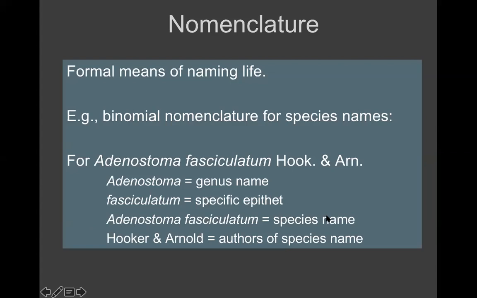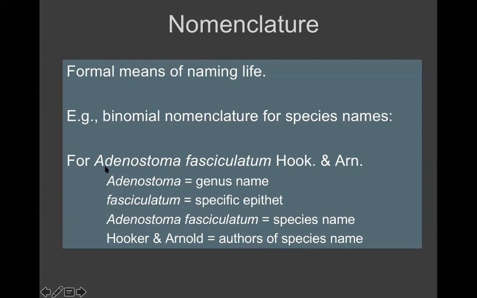Now, after the species name is written, you might see Hook and Arn, or some name abbreviated, and this abbreviation refers to the author of the species. These are the folks who first discovered and named this species. You'll notice another very important thing here.